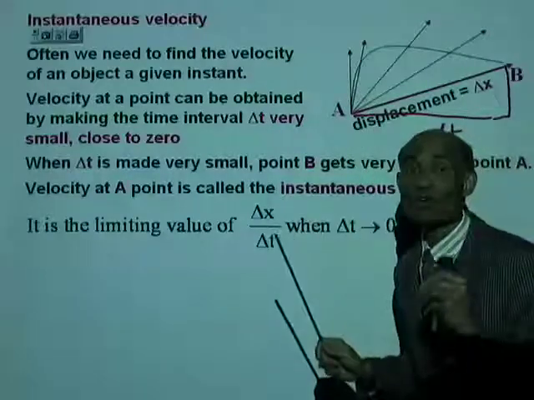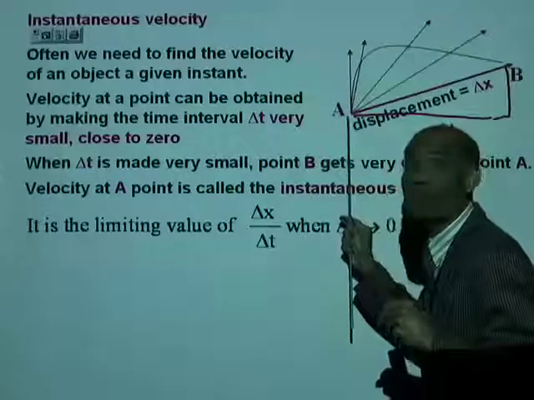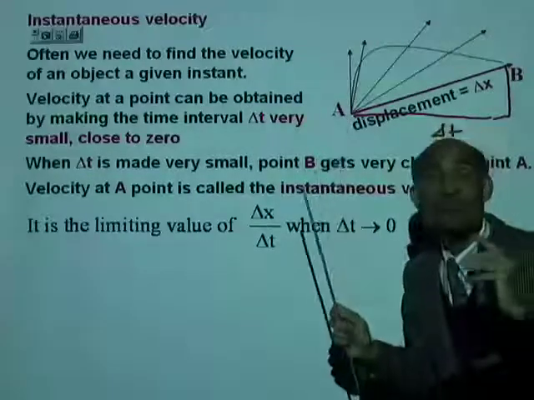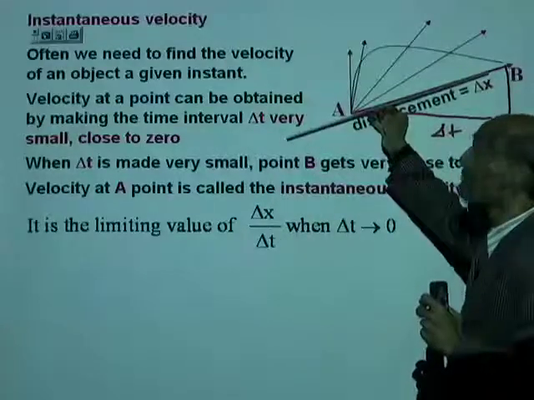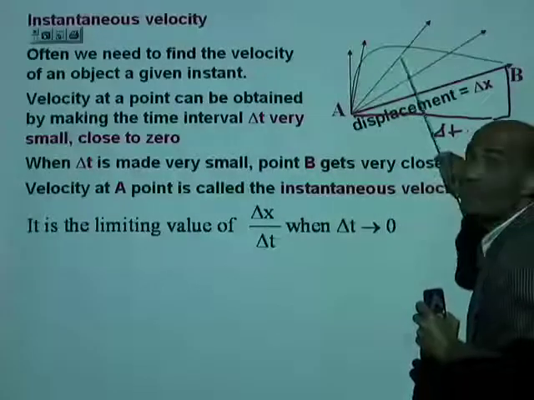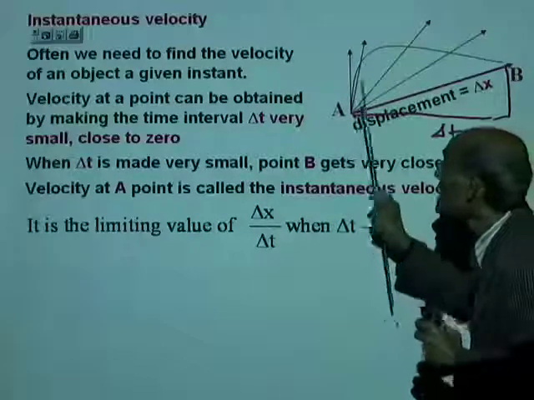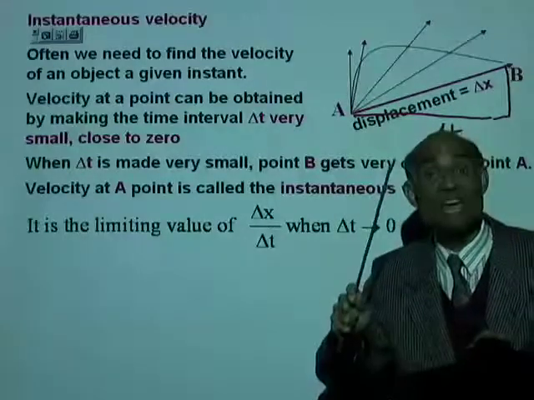And therefore, the instantaneous velocity at point A is the slope of that tangent line. Whereas average velocity is the slope of the secant line. The instantaneous velocity is the slope of the tangent line.